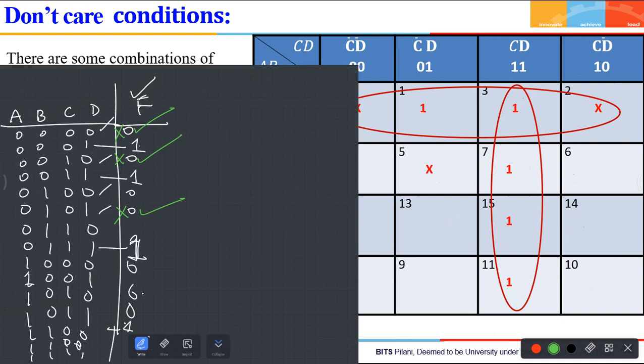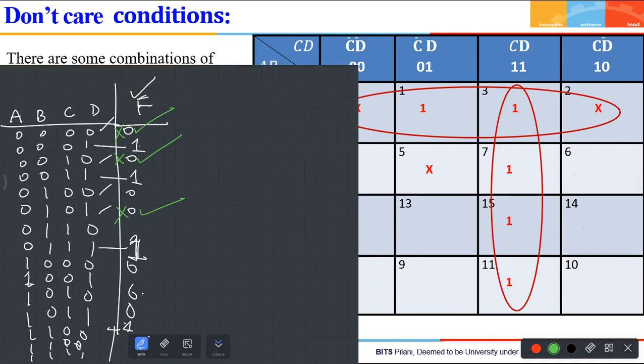I'm not bothered about what's going to happen whenever this input combination comes to the logic circuit. When that input combination is dummy for me, do I bother about the output? I don't consider that input at all. For this logic circuit, when the inputs are 1, 3, of course, output will be 1 only, I am bothered about it.